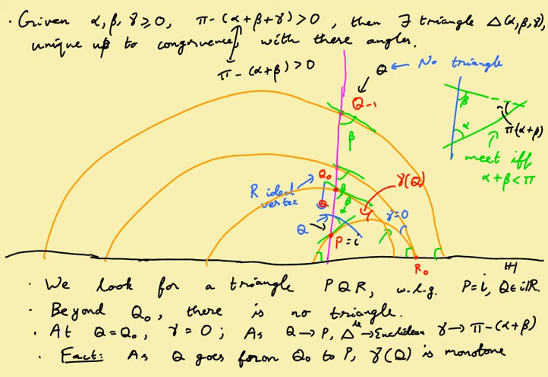So then, given any value of gamma, we are given gamma which is greater than or equal to 0, and gamma is, oh sorry, I wrote this equation wrong. I want to take gamma to the other side. So gamma is less than pi minus alpha plus beta, and greater than or equal to 0 in the other case. So gamma takes the value 0 and it approaches pi minus alpha plus beta.